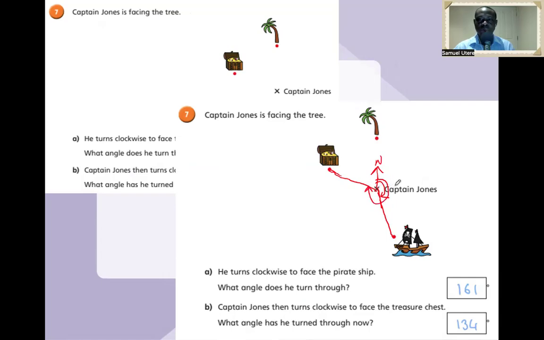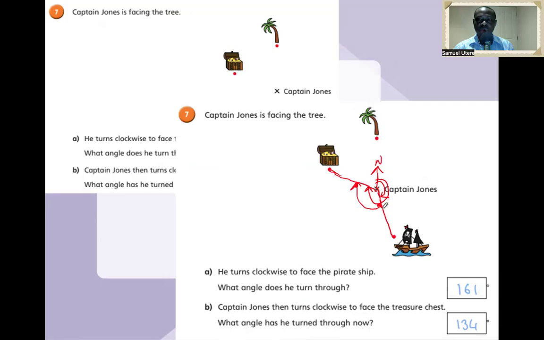Remember, when we do this, it's important you use the correct direction. Captain Jones then turns clockwise to face the treasure chest. So remember, the angle you're going to be measuring is from here to here. It's not from the tree, because he was already facing the pirate ship.